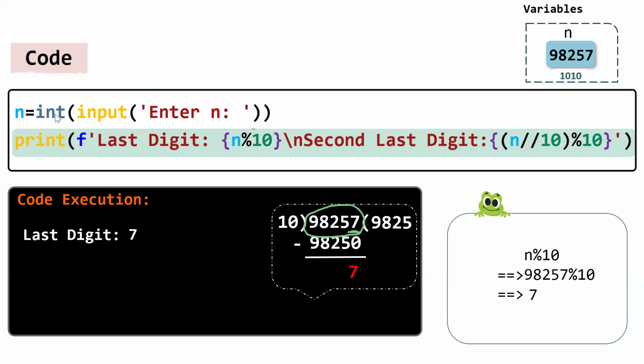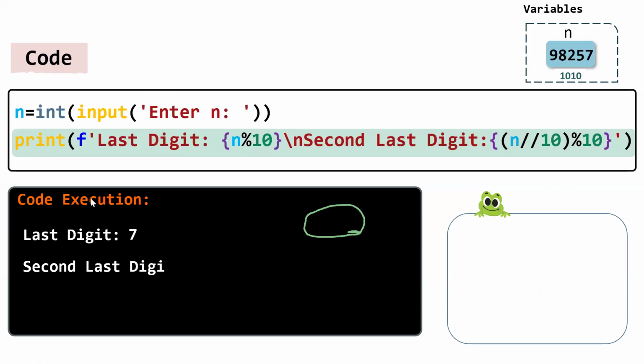Okay, I have to extract the second last digit. It will be easy if I can find 9825. I can simply extract the last digit of 9825. Here, if you observe, 9825 is present in the quotient part. So what we are doing is first dividing n by 10.